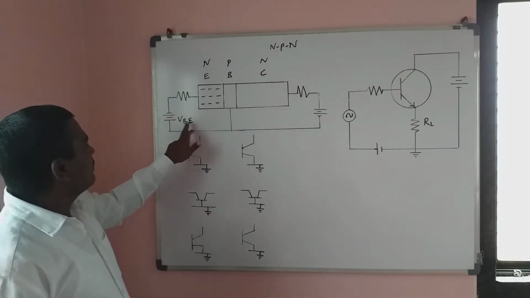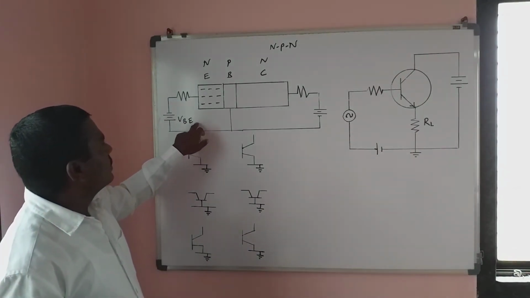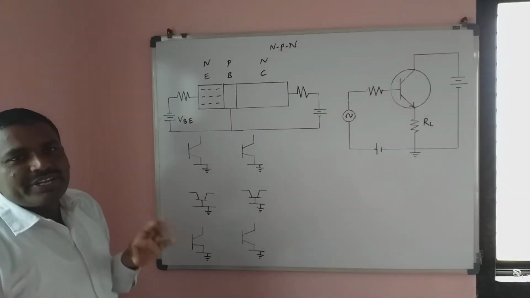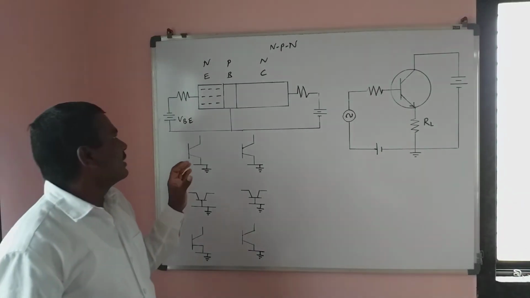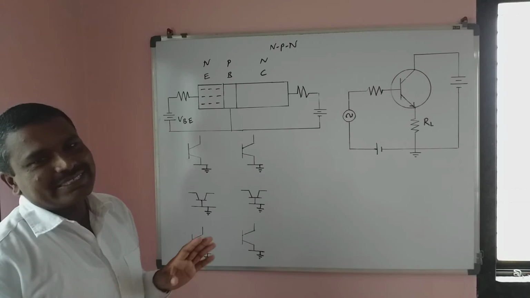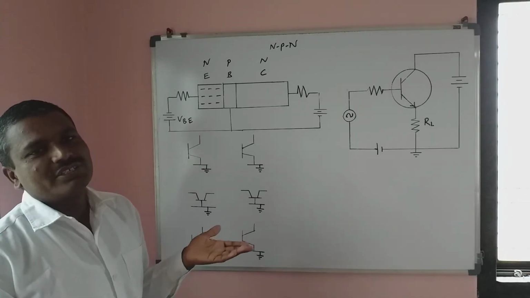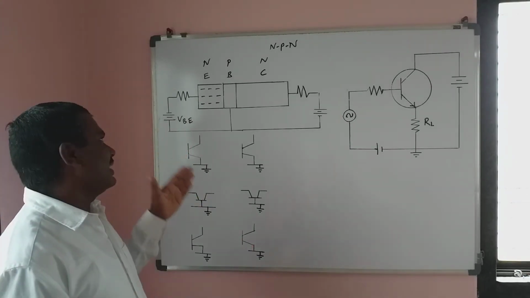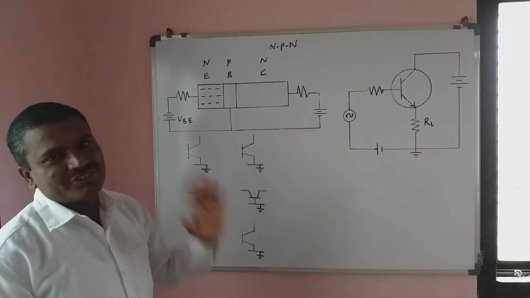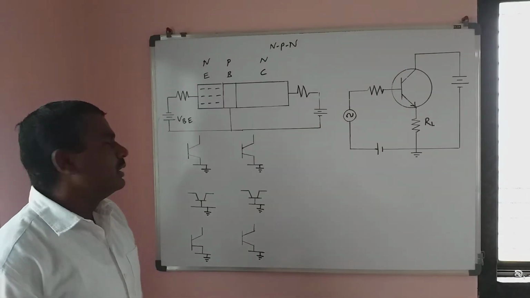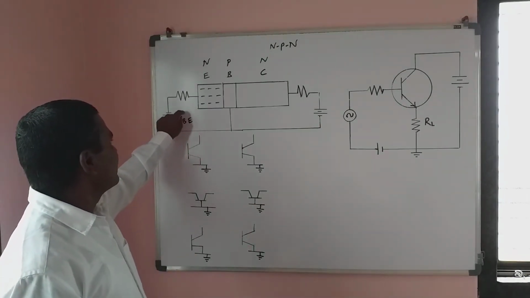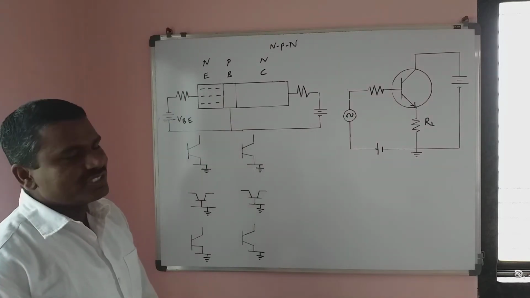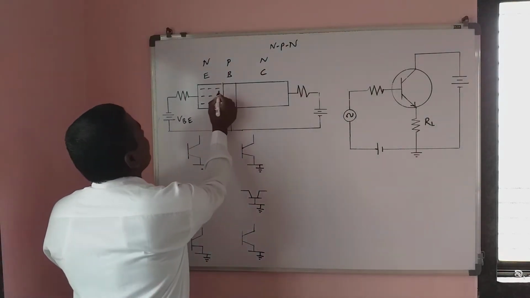When this VBE, that is the voltage through the base emitter, is larger than the barrier potential, then electrons are injected into the base region. When this VBE is larger than the barrier potential, then electrons are injected here.